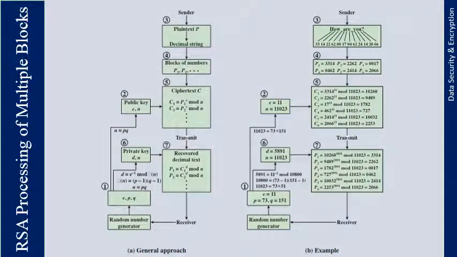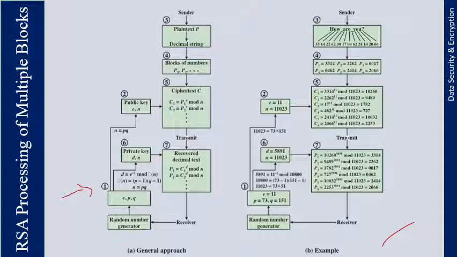This figure illustrates the sequence of events for the encryption of multiple blocks and gives the specific example in the second option. The circled numbers indicate the order in which operations are performed.